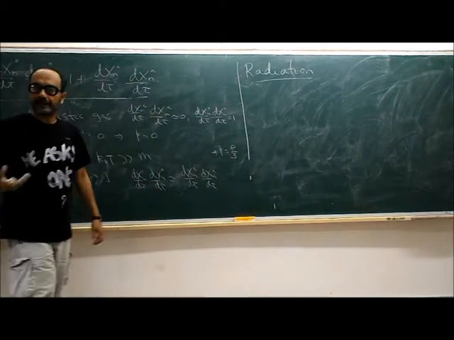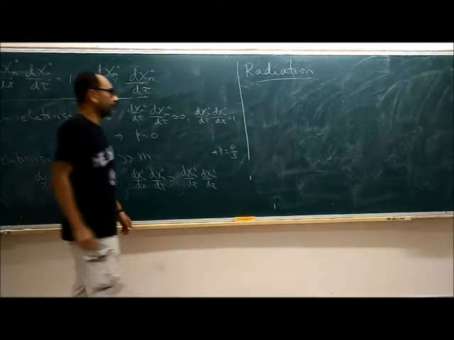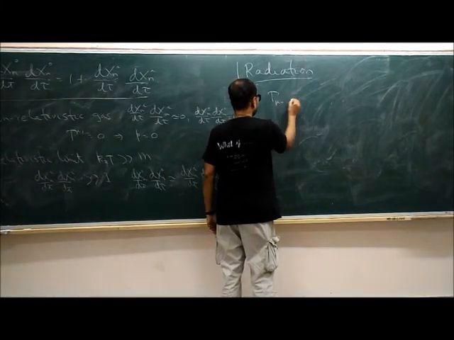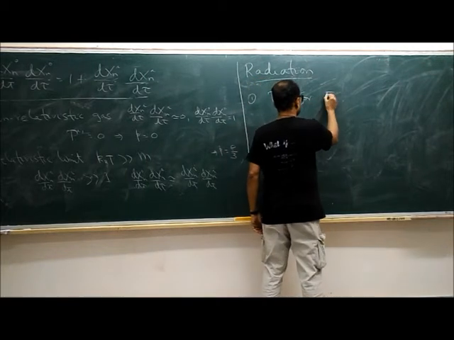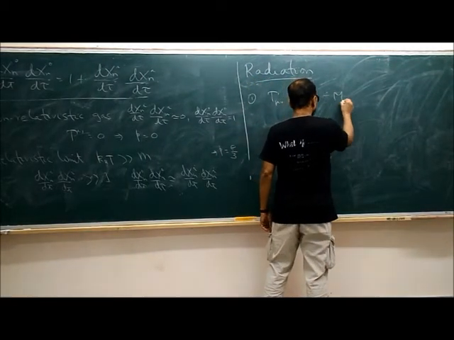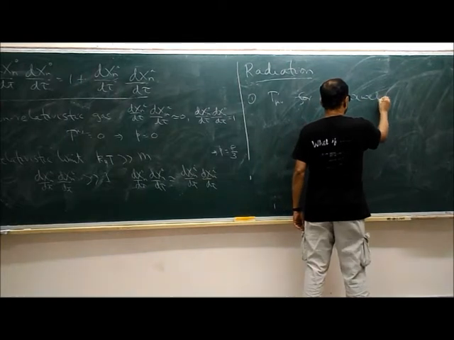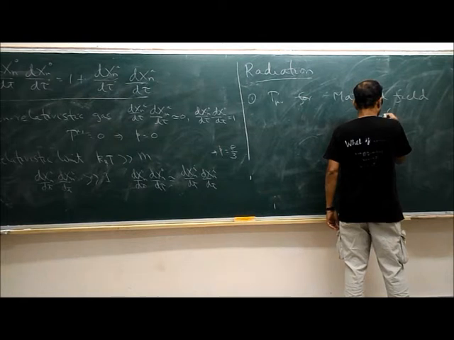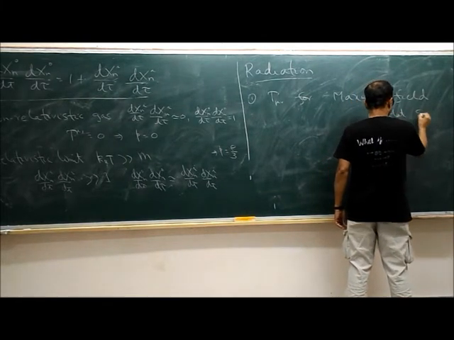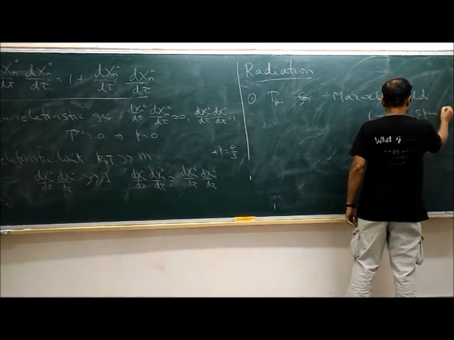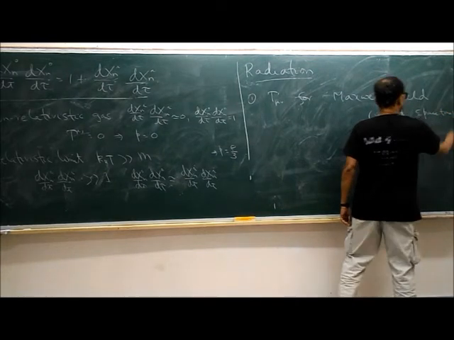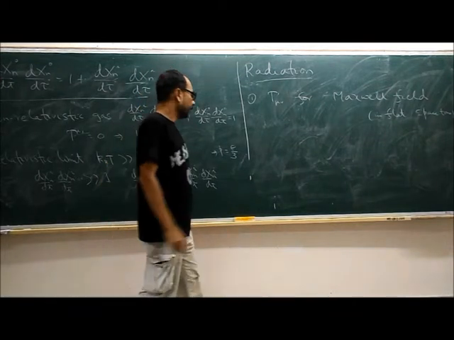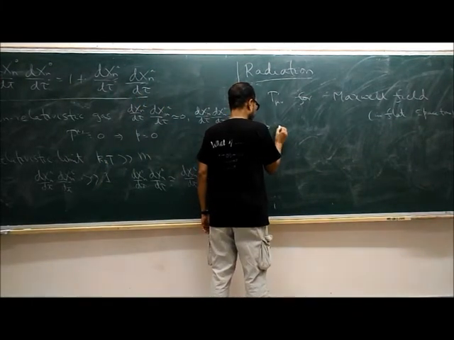But there is a third way of doing it, which is that you write down the T mu nu for electromagnetism in flat space. This you can express in terms of E and B.